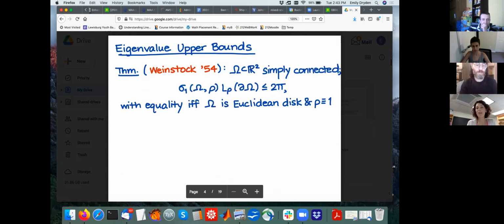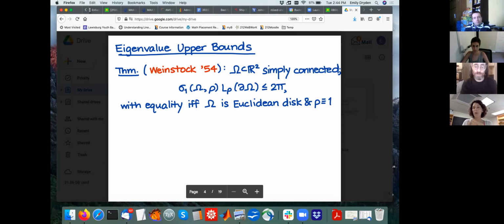Okay, so I promised you that we would talk about upper bounds. So the story of eigenvalue upper bounds in the Steklov setting goes back as far as 1954 with Weinstock, who said, let's take some omega in R2, it's simply connected. Then we can find an upper bound on sigma 1 normalized by the weighted length of the boundary.